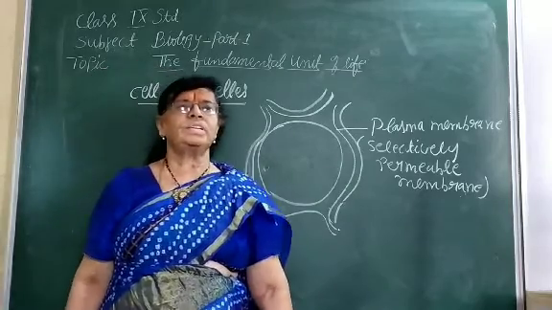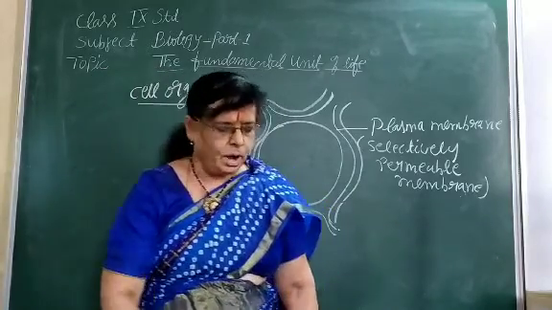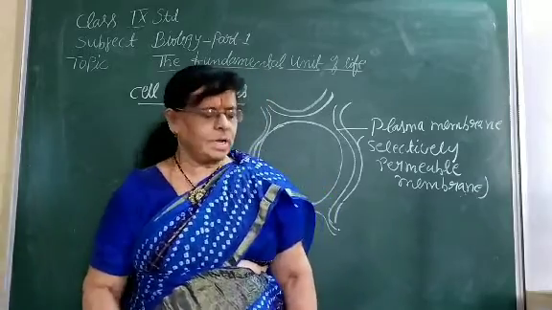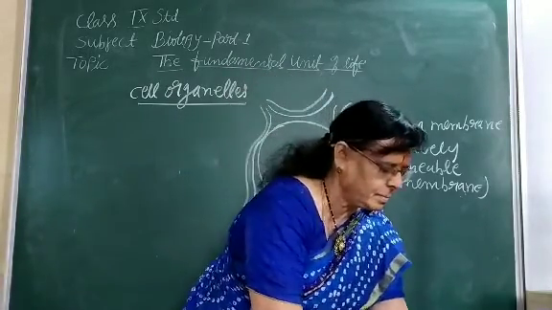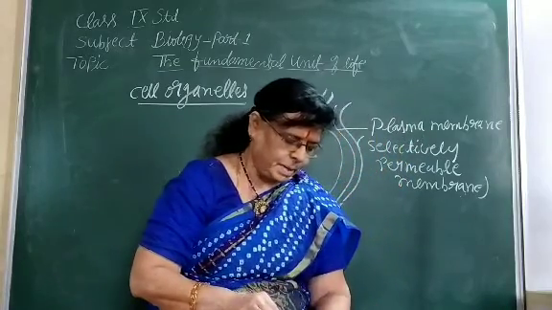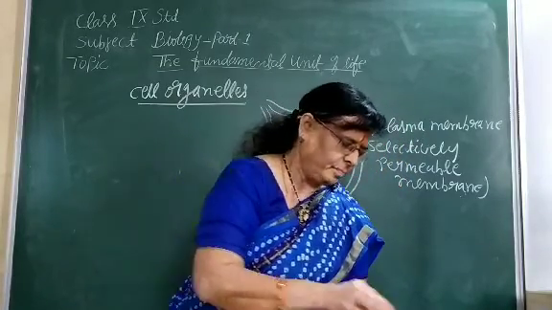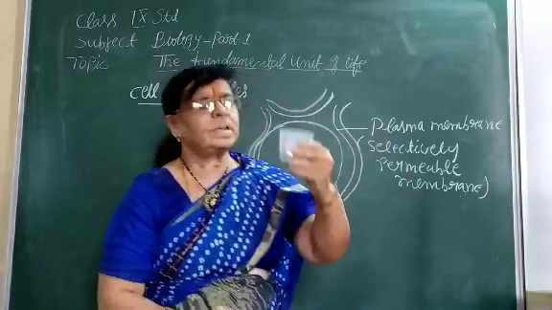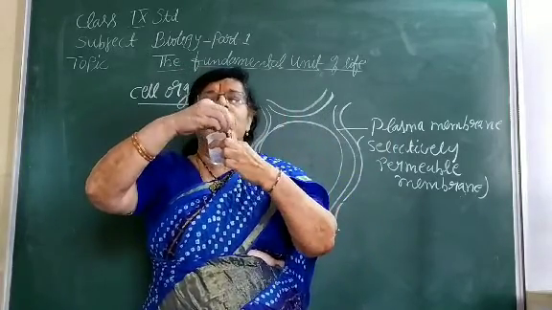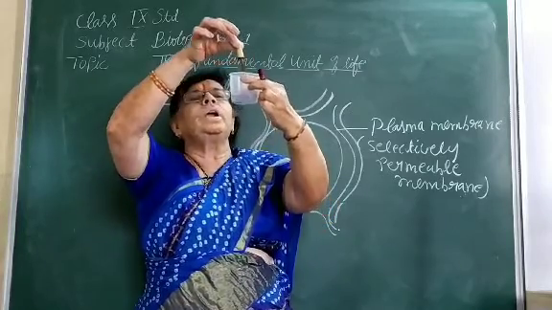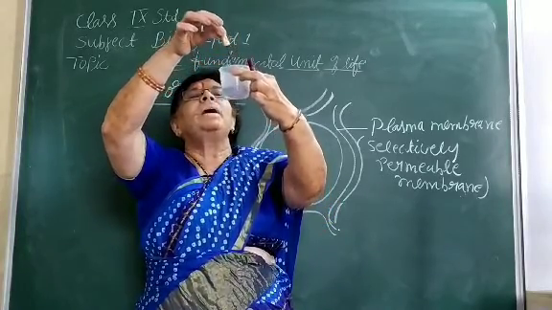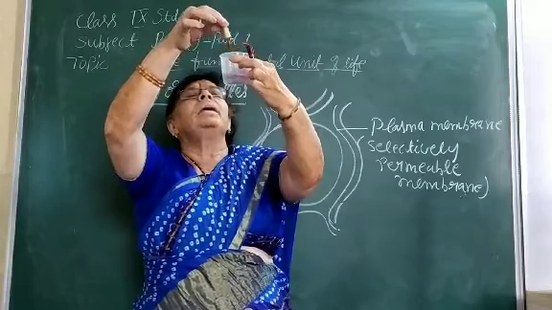Now, let us know how there is the movement of these substances from the external medium. You have learned in 9th standard already about a process called diffusion. So, let me demonstrate how this diffusion takes place. I have just taken a little water and let me add a dye to it. I am adding dye.